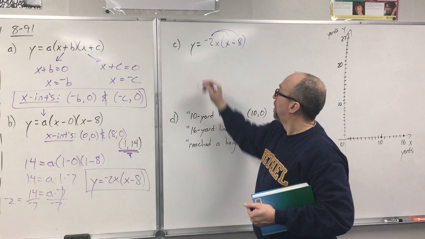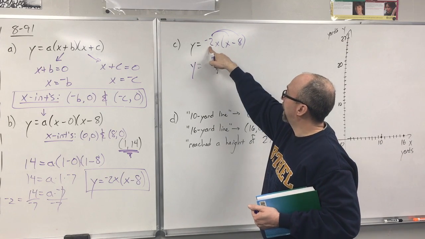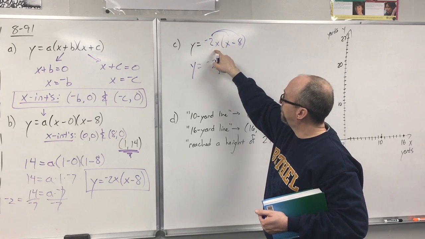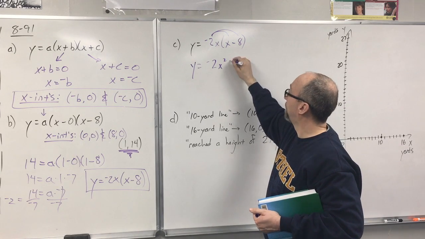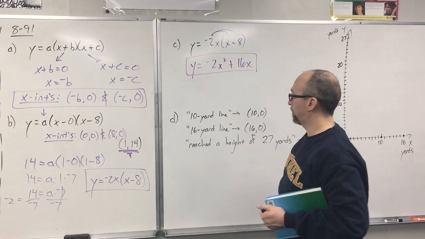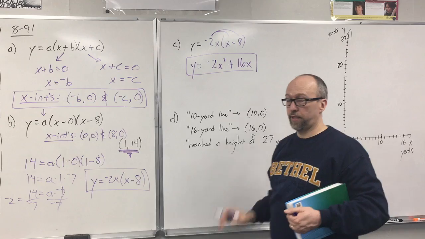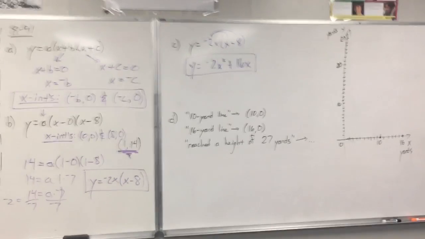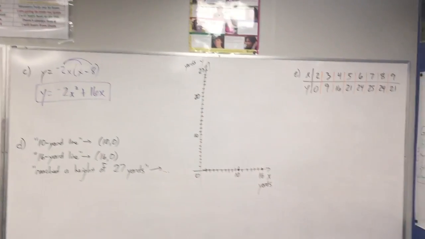Negative 2x times x is negative 2x squared. Negative 2x times negative 8 is positive 16x. That's all they want in part C. Again, they use the big highfalutin language to freak you out.